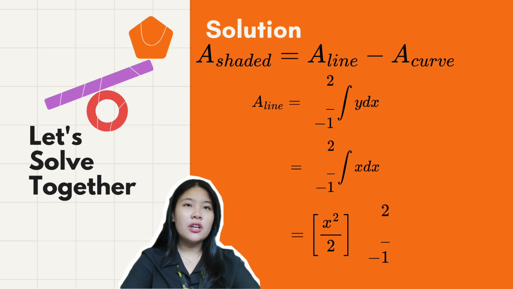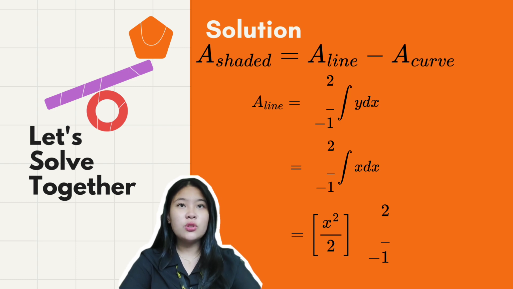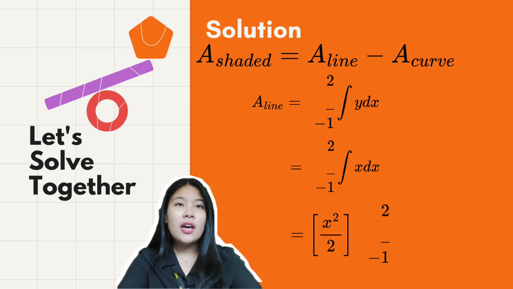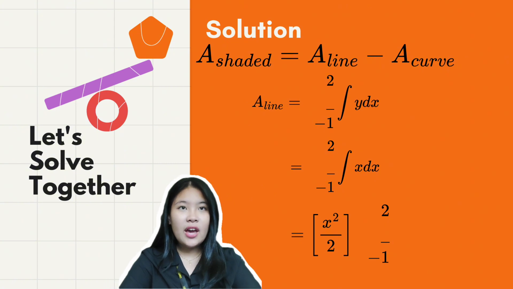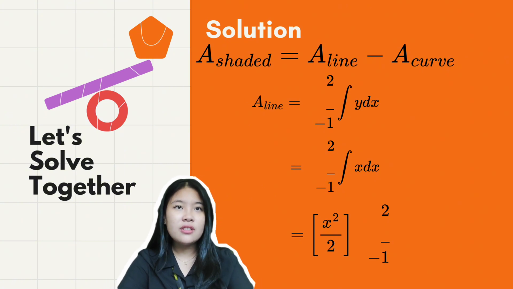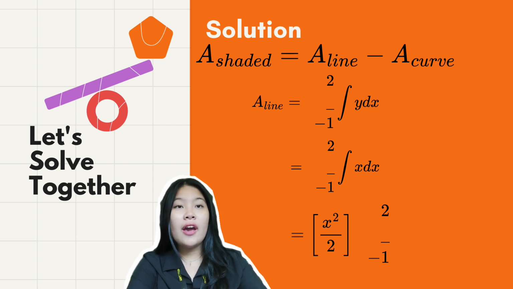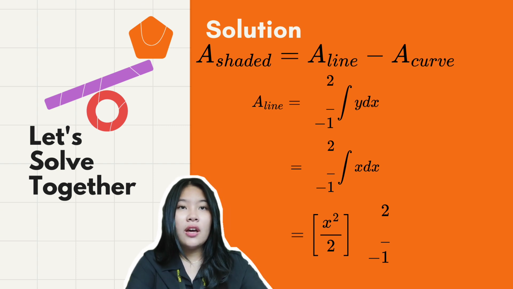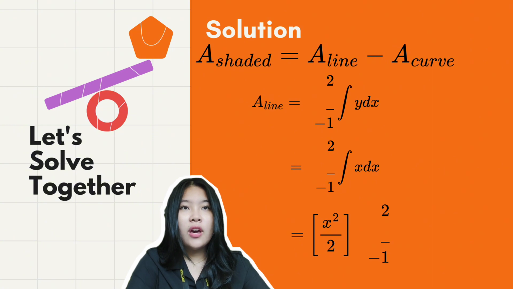So now we'll be doing the calculation, and the formula that we're going to use is A shaded equals a line minus a curve. So the limits for the line are 2 and negative 1. Integral y dx. And then we will change the y dx to x dx. Then integrate x, and it will be in brackets x squared over 2, and put the limits at the side.